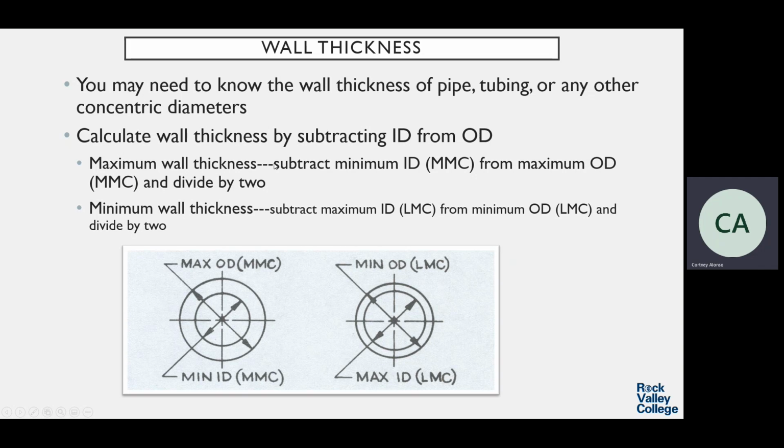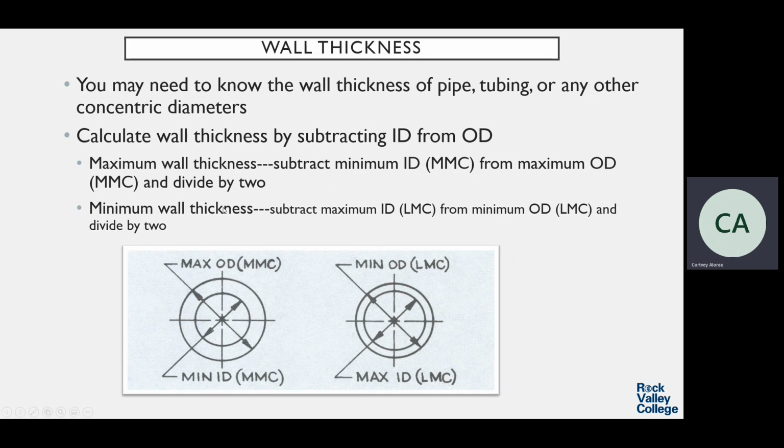You would take the maximum outside diameter, MMC, subtract the minimum inside diameter, and then you divide by 2. Same thing, you would do minimum wall thickness: subtract the maximum inside diameter, the LMC, from the minimum outside diameter, LMC.